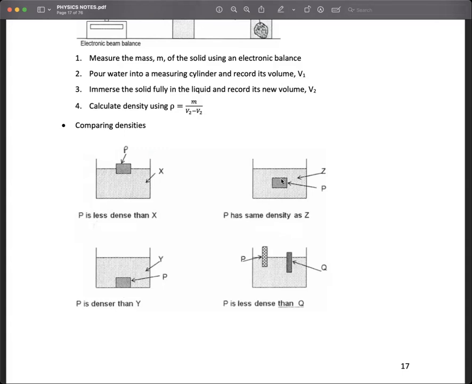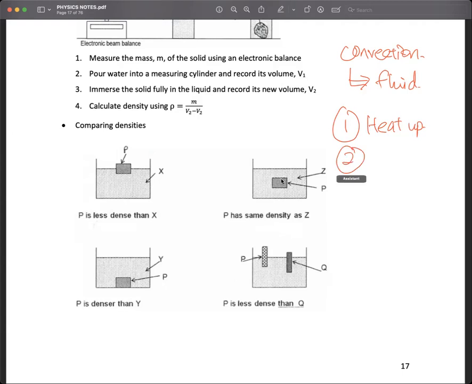Then, for those who have learned thermal physics before, let me touch on thermal physics, about convection. Have you all learned convection before? Okay, so convection, we talk about fluid. Convection only appears in fluid. So number one, when you heat up something, what happens? It expands, correct? When you heat up, it expands, it means that the volume goes up. Is that clear?